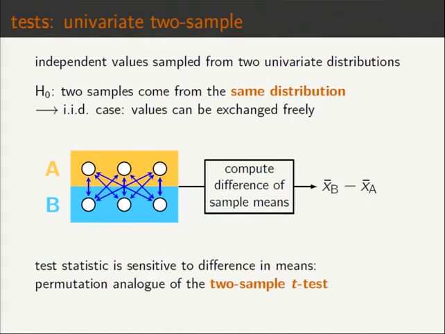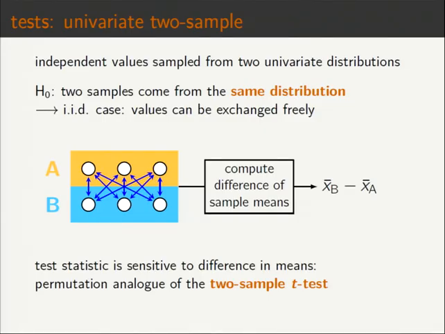Under this assumption that they are independent and come from the same distribution, the IID situation I described before, you can exchange values between the two samples. All of these blue arrows indicate possible exchanges of values between the two samples. There are more exchanges within samples, but in the end, your test statistic will only depend on which values are in the one sample or in the other sample, so these exchanges are not so important.